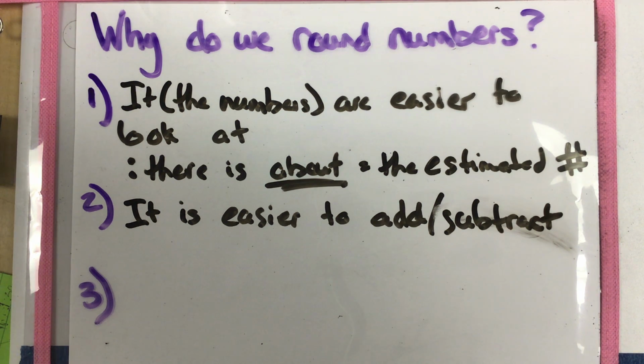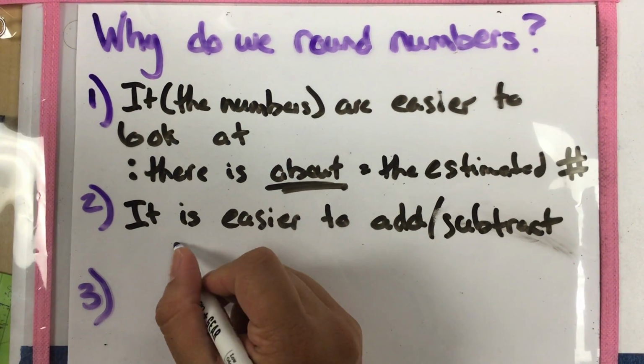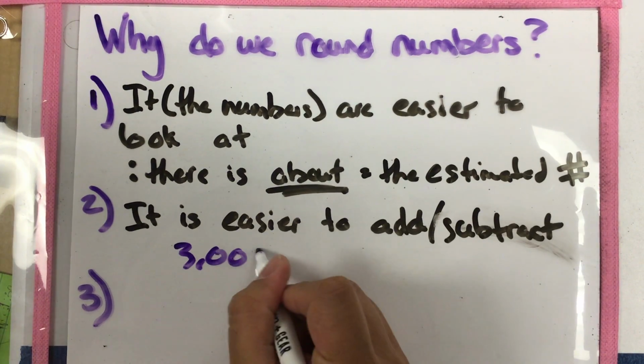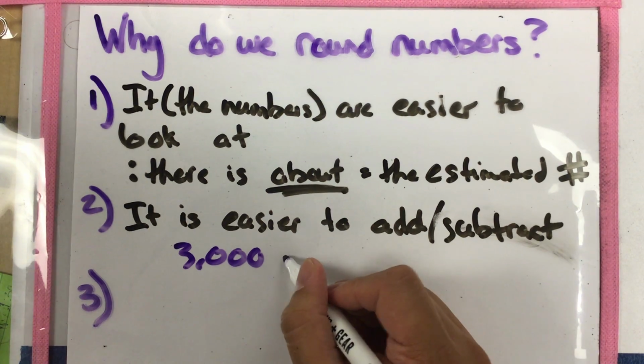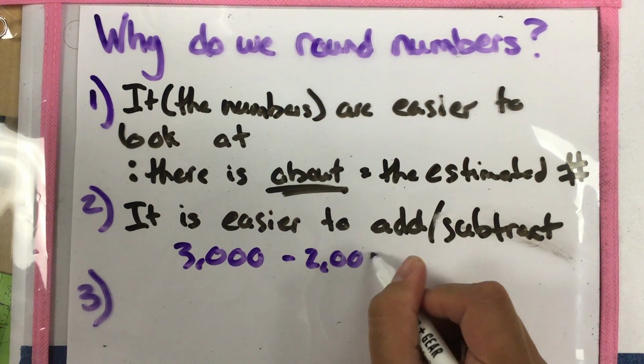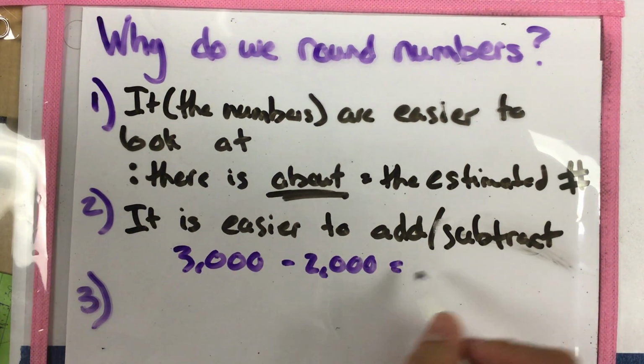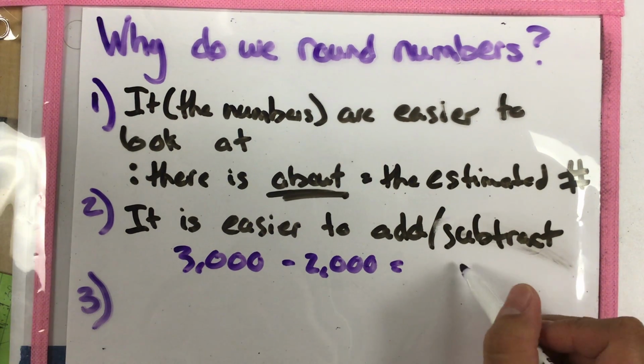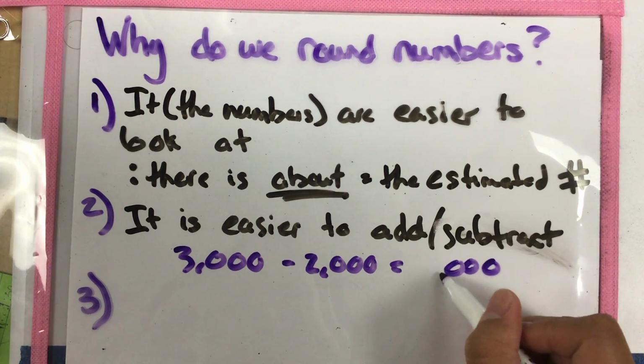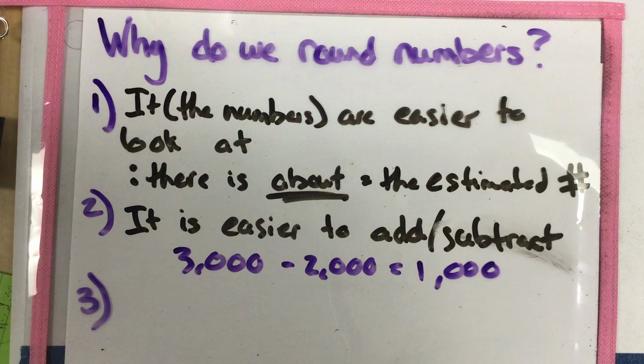Okay? For example, if we just have 3,000 minus 2,000, we know that all of these zeros subtracted from each other will equal 0. And then we just have 3 minus 2, which equals 1. When we add or subtract with zeros, it makes life so much easier.